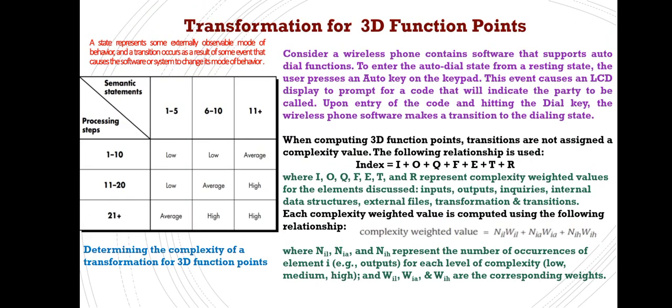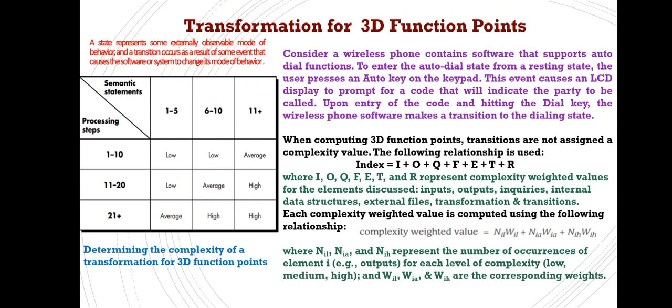Next, continuing: a state represents some externally observable mode of behavior, and a transition occurs as a result of some event that causes the software or system to change its mode or behavior.